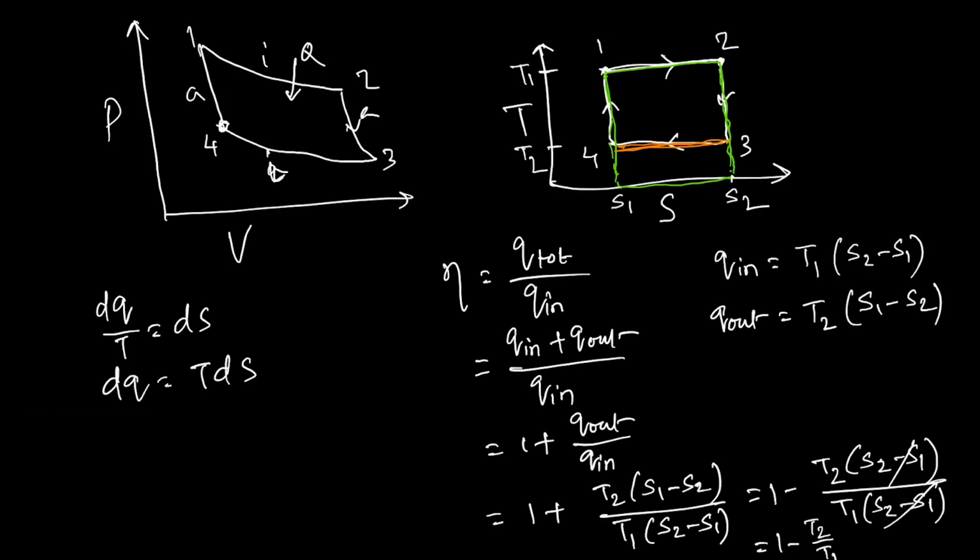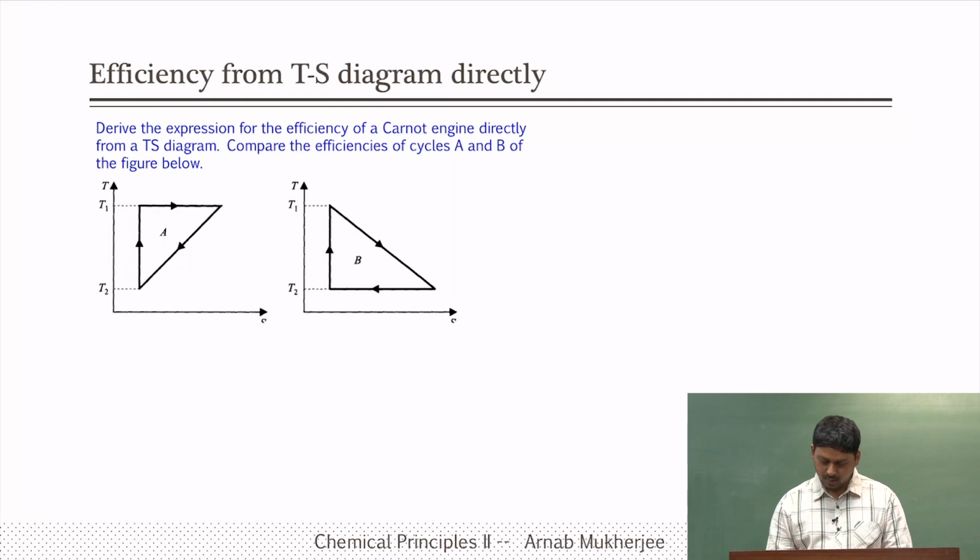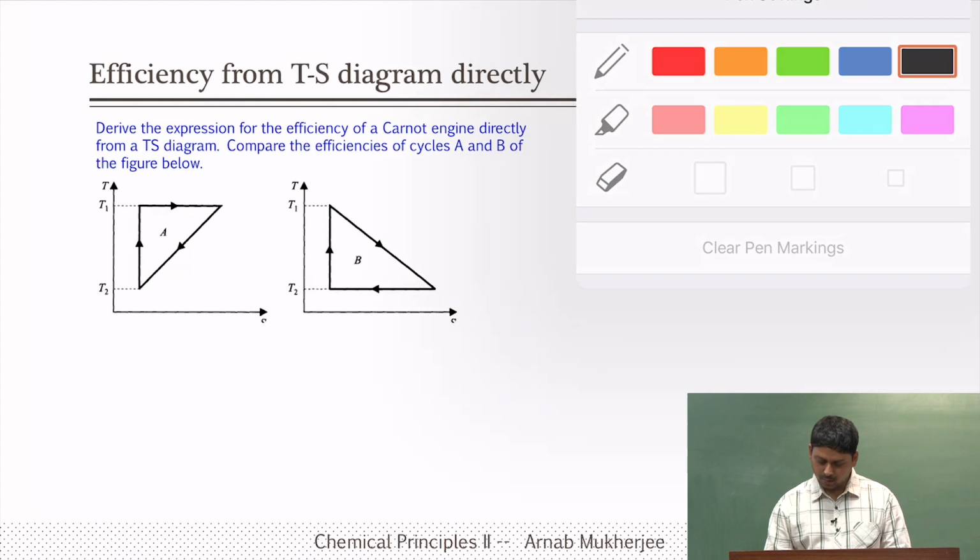Now, given that we know how to calculate that, let us calculate the two problems that we were discussing. Let us go back to that and calculate. For the first problem, I will just mention the values.